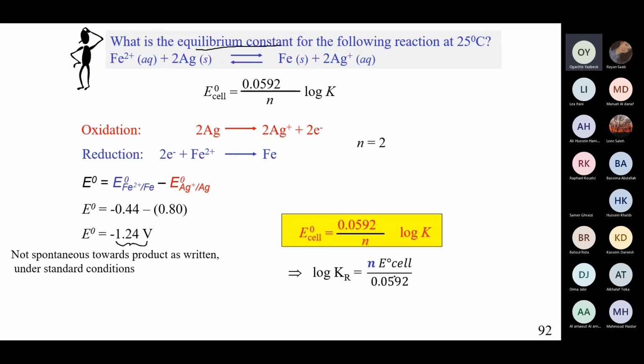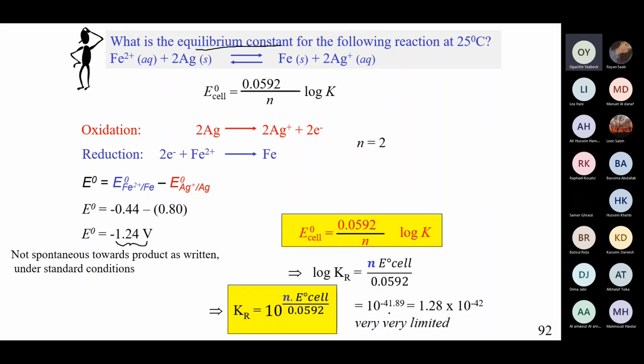Log K is N E naught divided by 0.0592, or 10 to the power of this. We have the N, we have the E naught, divided by this number, and you solve it, you get that K is 10 to the minus 41.89, which is very, very limited.